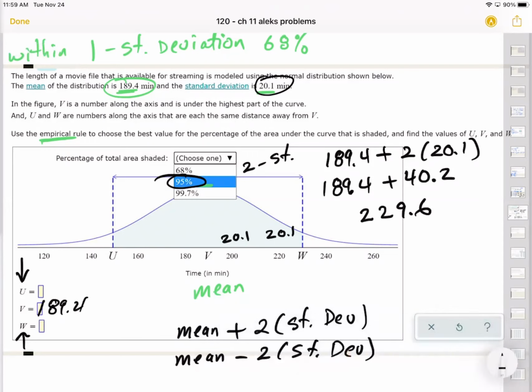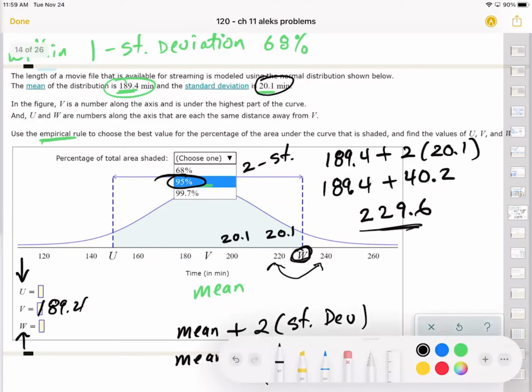Agree? So what did we guesstimate for W? W is between 220 and 240, and 229.6 is somewhere between those two numbers. And because it's 95%, it's within 2 standard deviations.